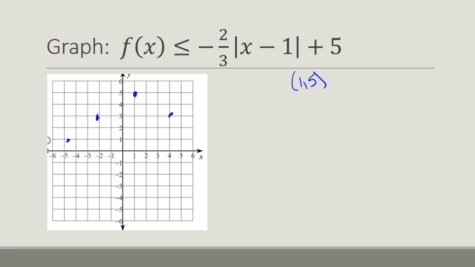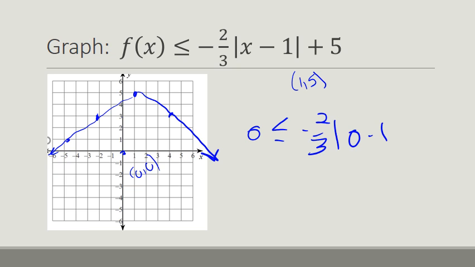Now it's less than or equal to, so I've got a solid line. And if I want to pick a test point to graph, if I pick 0, 0 again, because I'm lazy, right? 0 is less than or equal to negative 2/3 times the absolute value of 0 minus 1, plus 5.